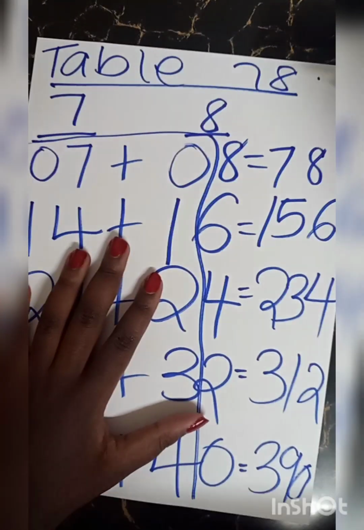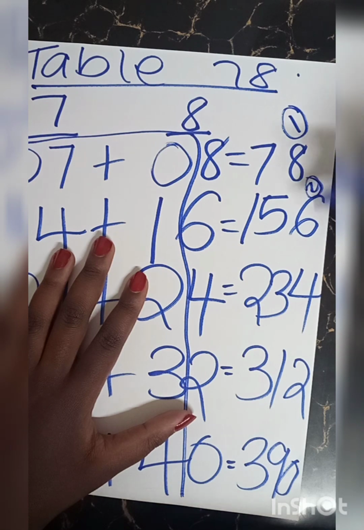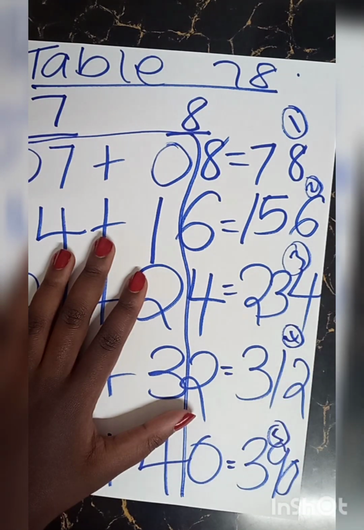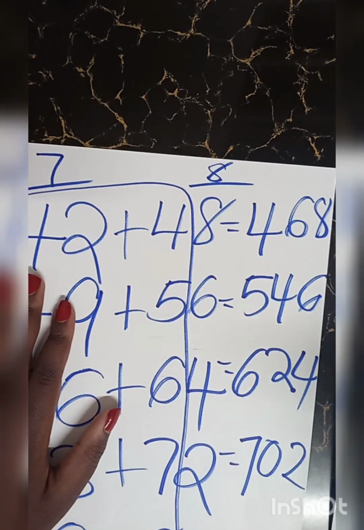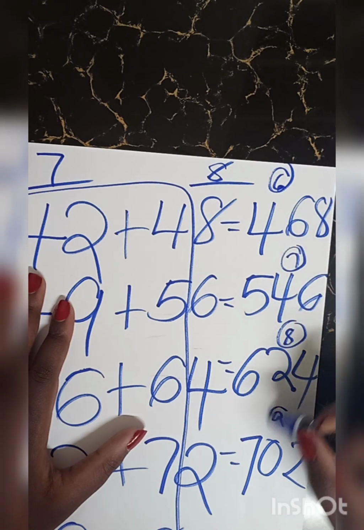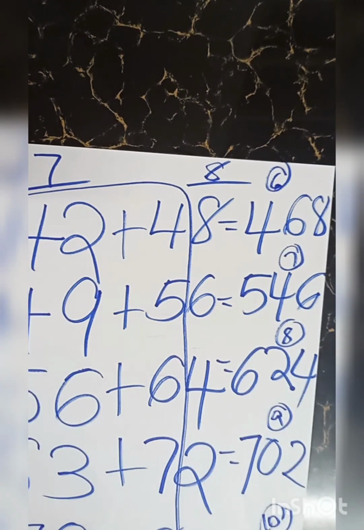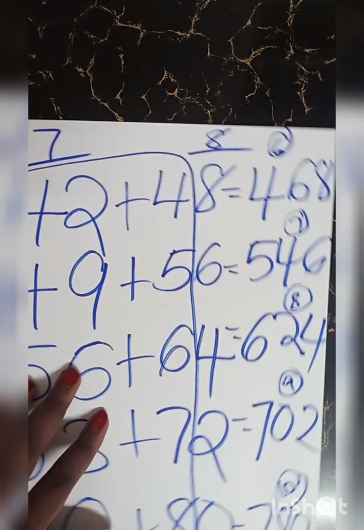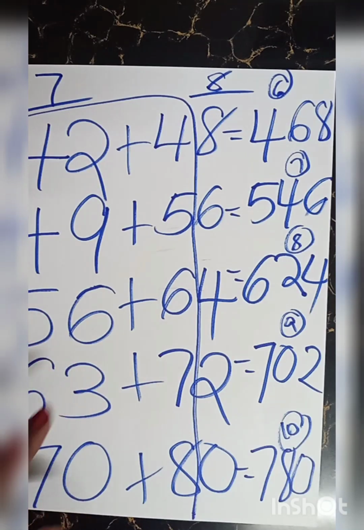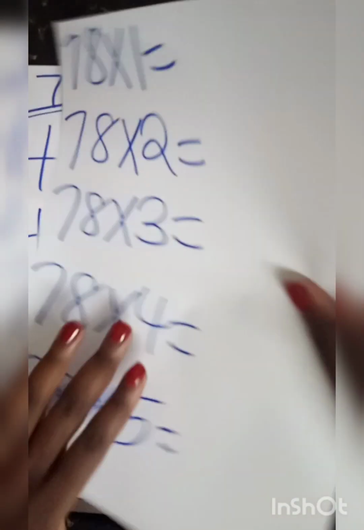So this is 78 times 1, times 2, times 3, times 4, times 5, times 6, times 7, times 8, times 9 and times 10. So this is our table 78. I'm sorry, it looks a bit clumsy, but let me write it neatly so that you're able to follow.